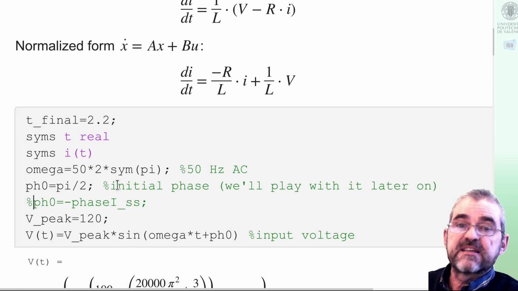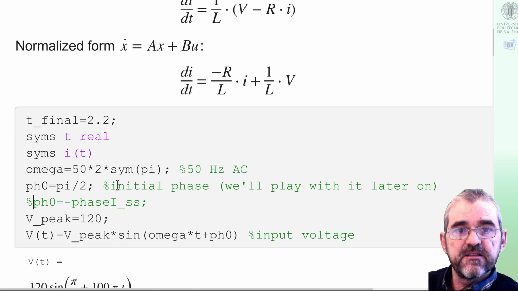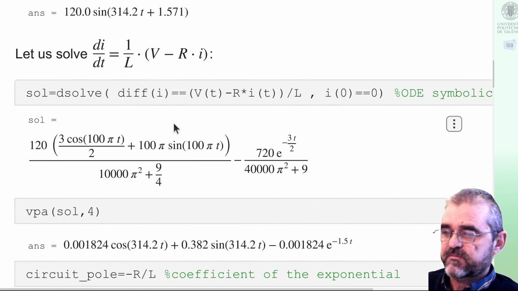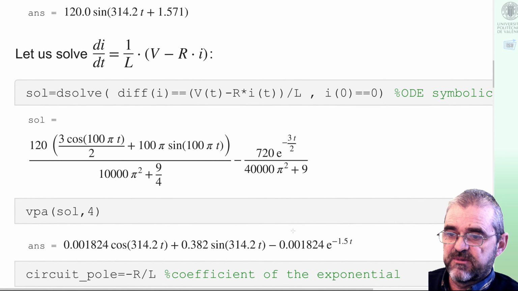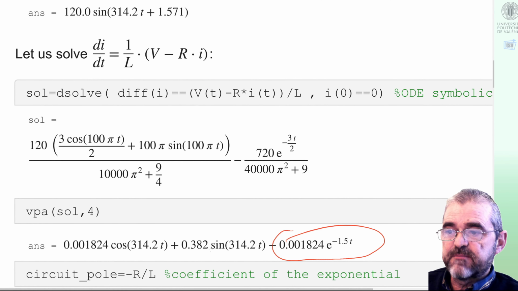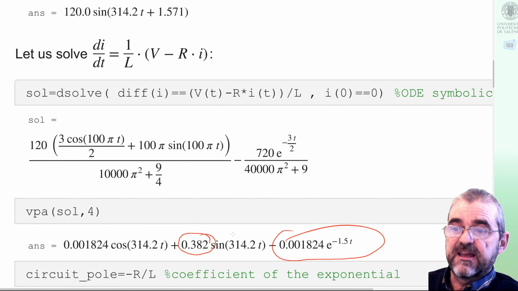If instead of the exact computation I just delay 90 degrees, half pi radians, then we do have an exponential transient, but its amplitude of 2 milliamps is way lower than this, almost 400 milliamps.